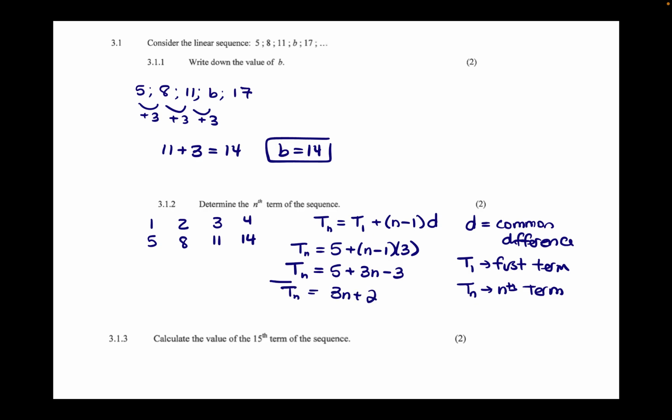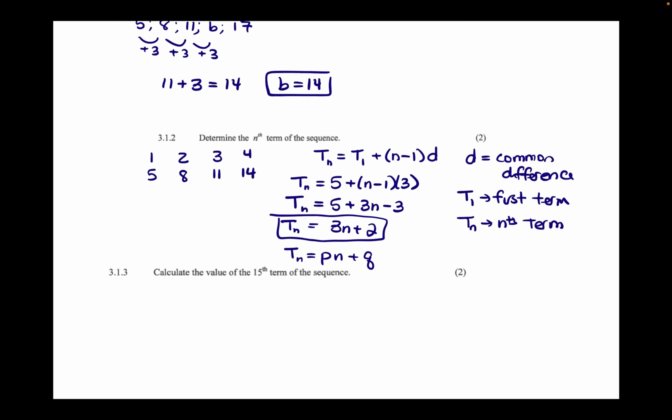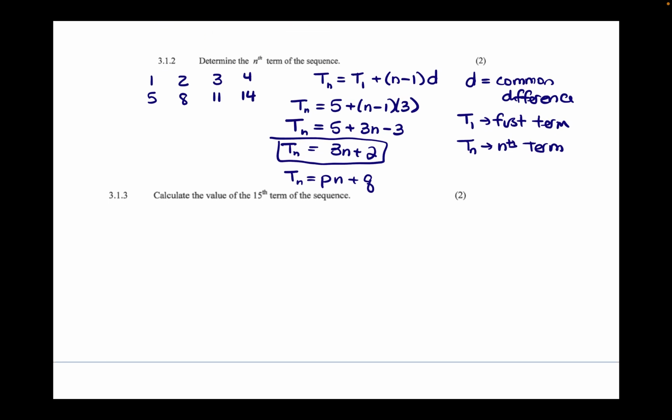And you'll notice this form is the same as a linear equation like that, which you may have used instead of the formula that I used, where 3 would be the gradient of that linear equation.